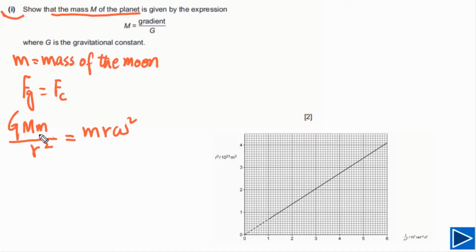Now in this case, you can see we have m on both sides, so we can cancel this m with this m. So simply we can cancel mass of the moon on both sides.